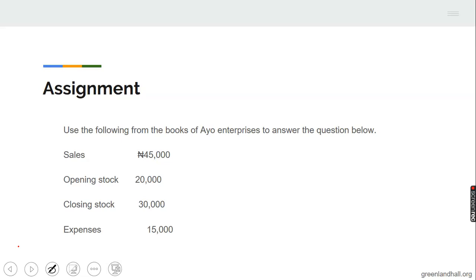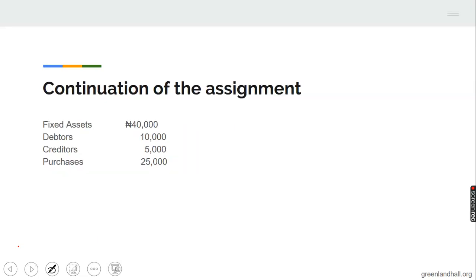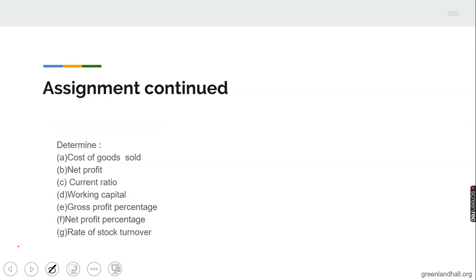You are given sales to be 45,000 naira, opening stock 20,000 naira, closing stock 30,000 naira, expenses 15,000 naira, fixed assets 40,000 naira, debtors 10,000 naira, creditors 5,000 naira, and purchases 25,000 naira.